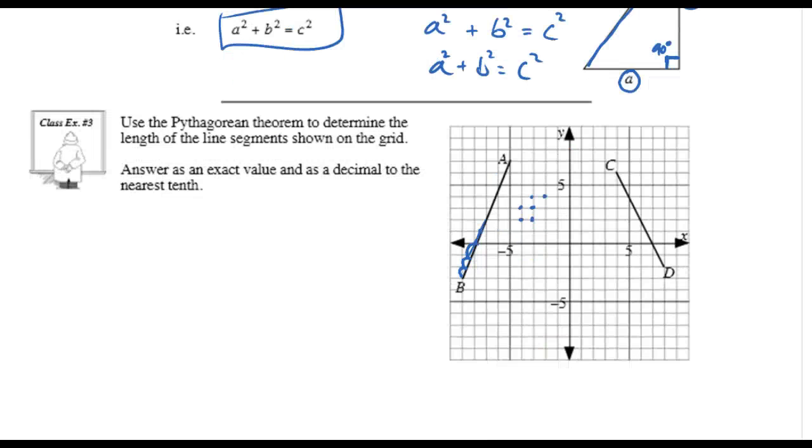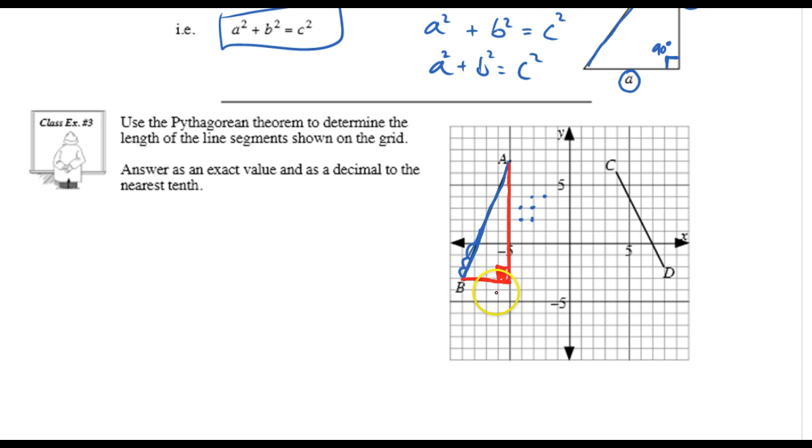This is going to be a little tricky at first. First I need to draw the triangle. That is the hypotenuse, and I'm going to draw an imaginary triangle like this and mark my right angle here.